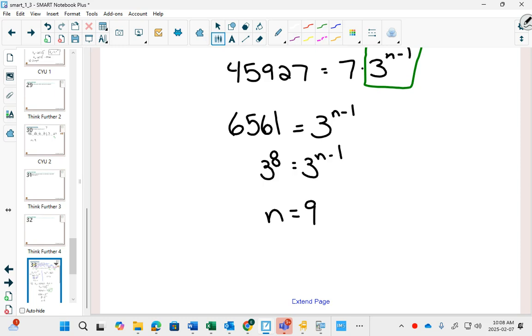Right, because if these two things are the same, does it make sense that this 8 has to equal this n minus 1? And then what could n possibly be if it equals 8? We get n is equal to 9.